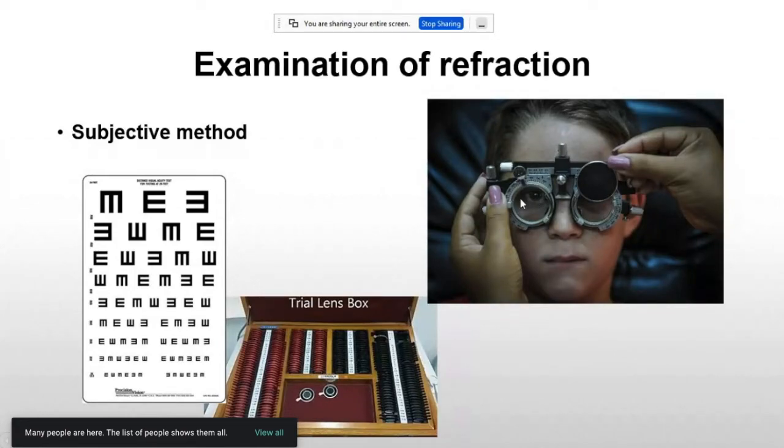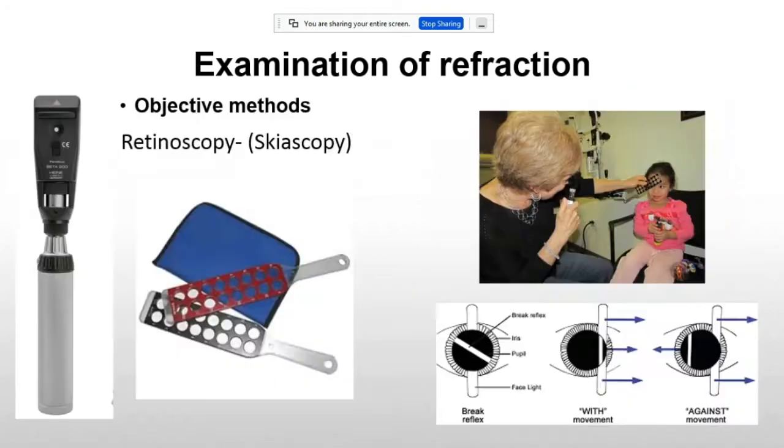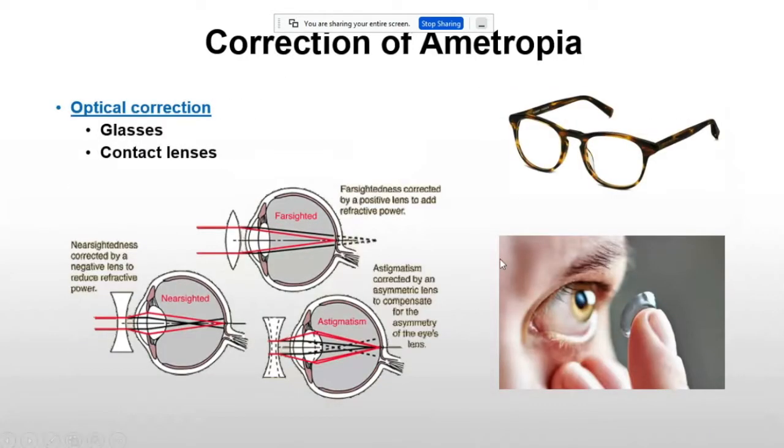So in order to decide which of the two, we put a plus 0.5 glass. If the eye is emmetropic, the focus is here, and when we put this lens, it will make the focus go forward and make him myopic.